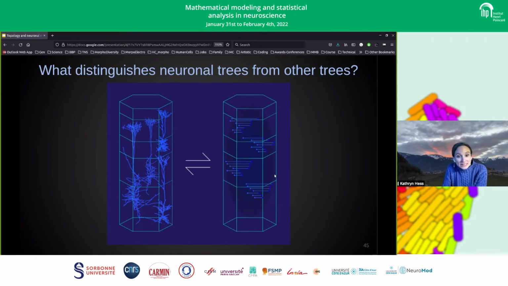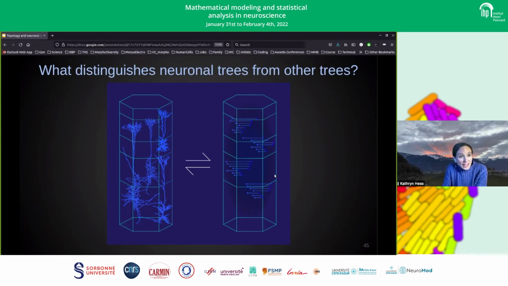And then you can ask, is there something particular about the sorts of geometric trees you get when you look at apical dendrites of neurons? If you think about different species or different brain regions, are you going to see differences in the kinds of populations of neural trees? And can that be captured by the topological signature we're looking at when we consider barcodes?